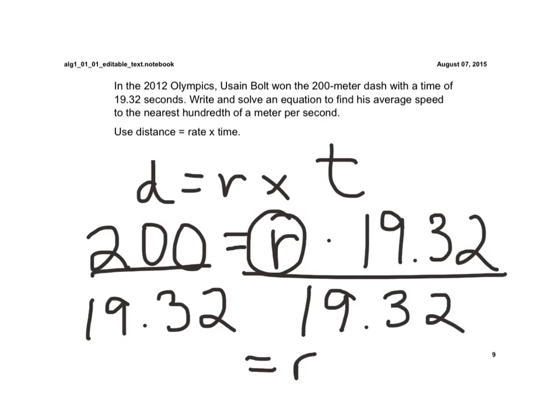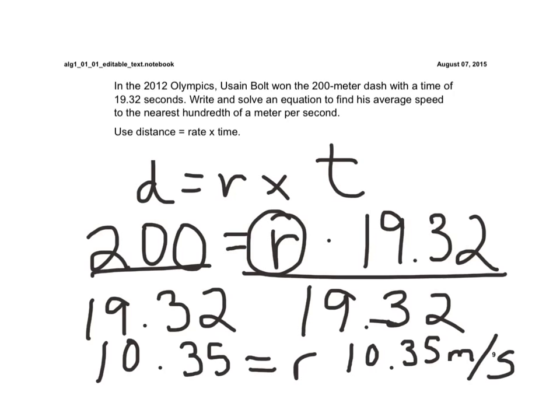When we divide this out, we'll get approximately 10.35, and that would be 10.35 meters per second. And so we always want to make sure we label it. So 10.35 meters per second.